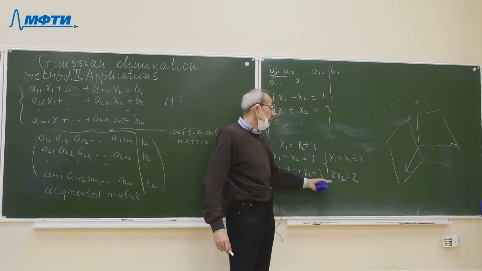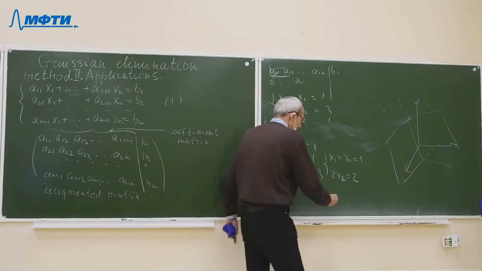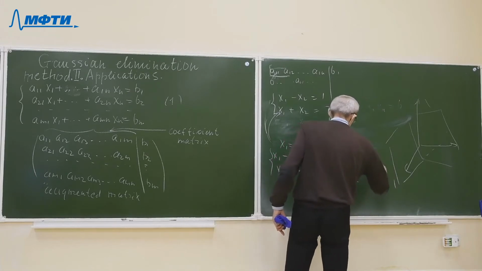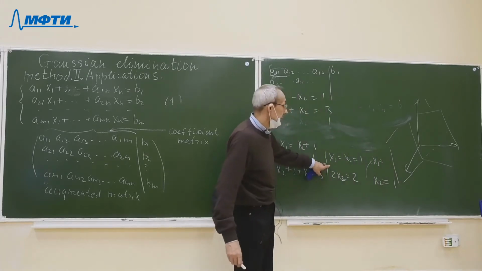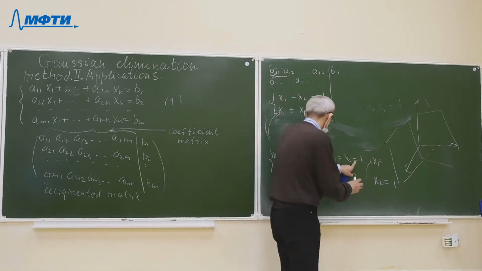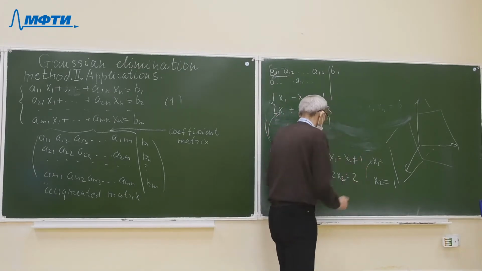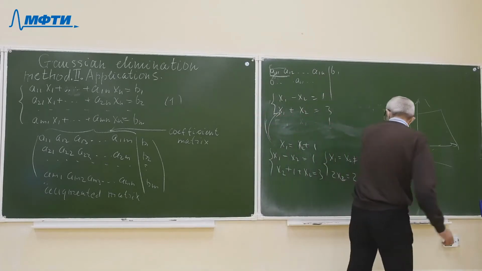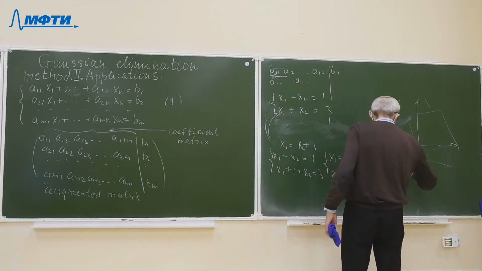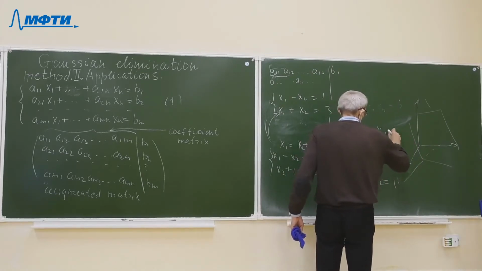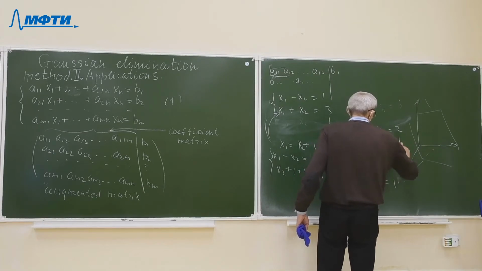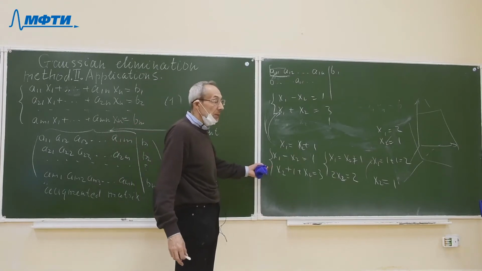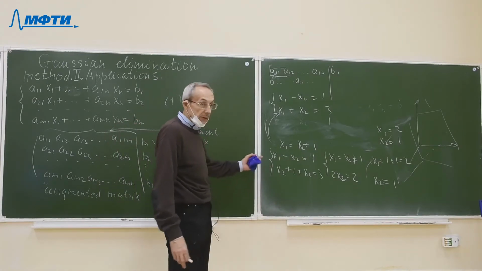We can easily solve it and obtain that this unknown is equal to 1, and substituting in the expression for the first unknown in terms of the second, we obtain the answer: x1 is equal to 2, x2 is equal to 1.